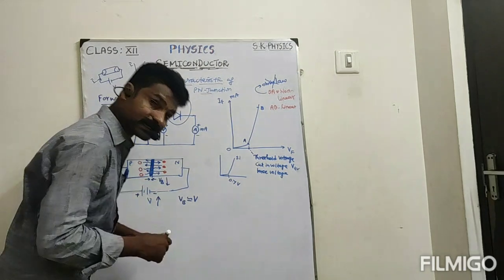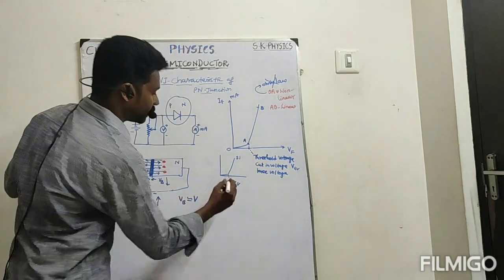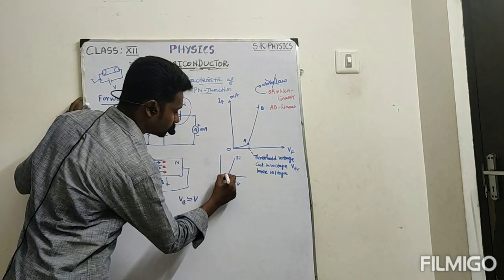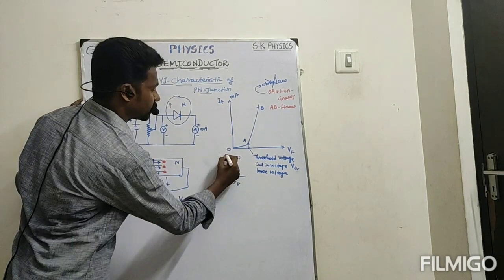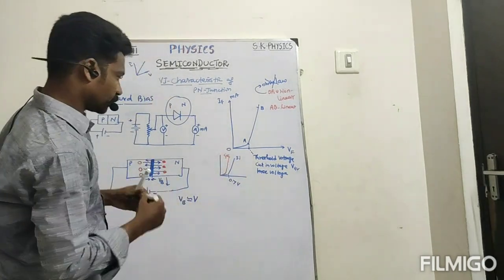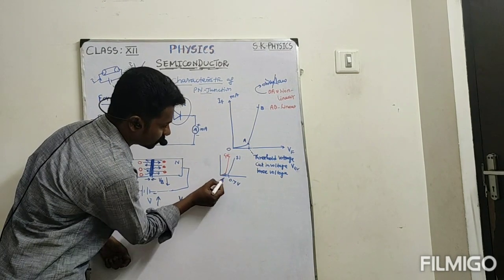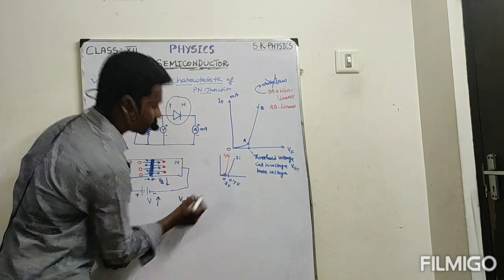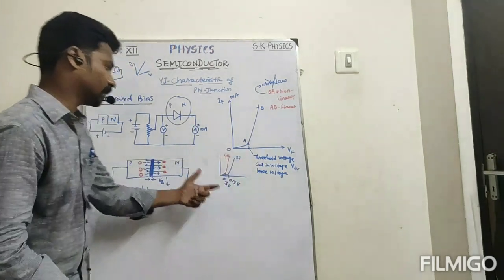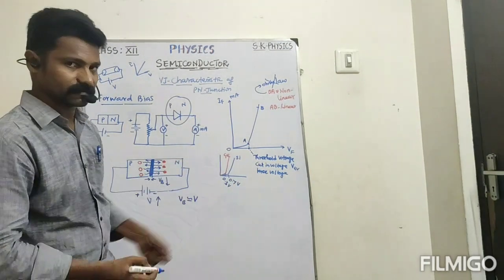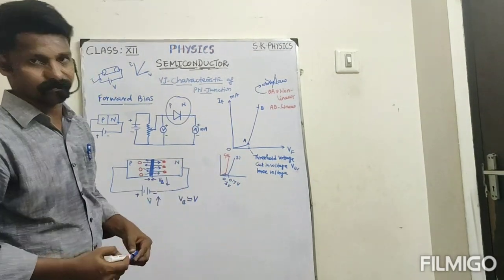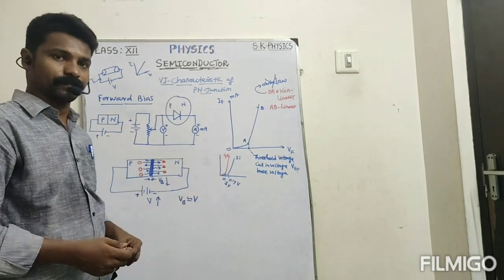But in the case of germanium, the threshold voltage is only 0.3 volt. Comparing with silicon, the threshold voltage level of germanium is less, because of the energy gap.